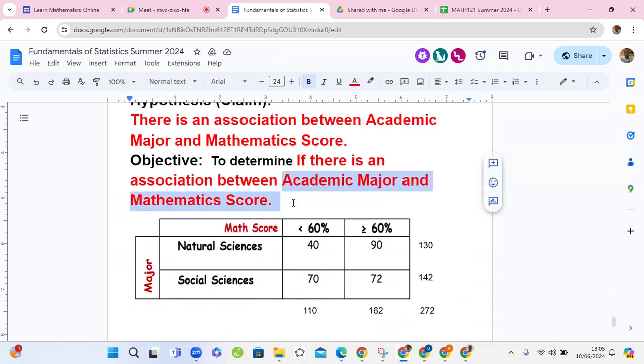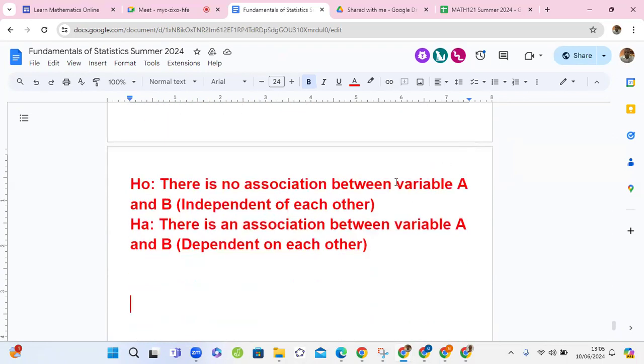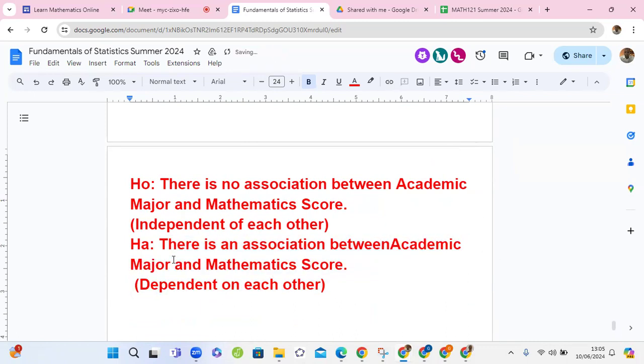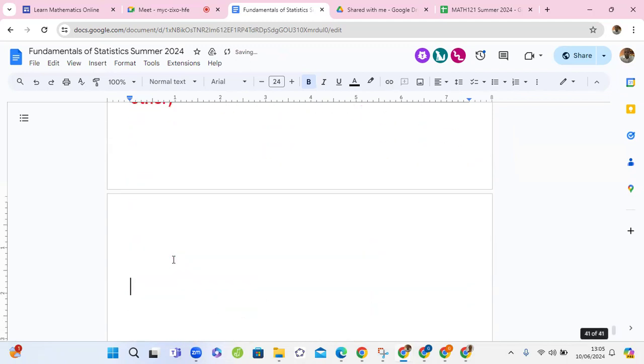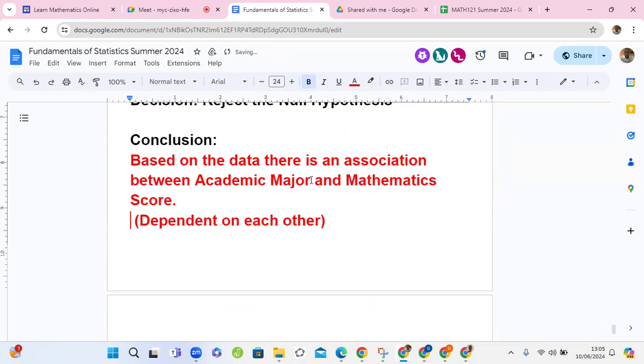These are the two variables, variable A, variable B: academic major and mathematics score. That they are dependent on each other. So this is how you perform a chi-square test for no association.